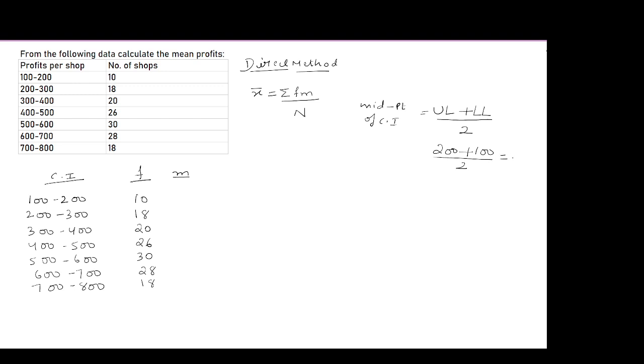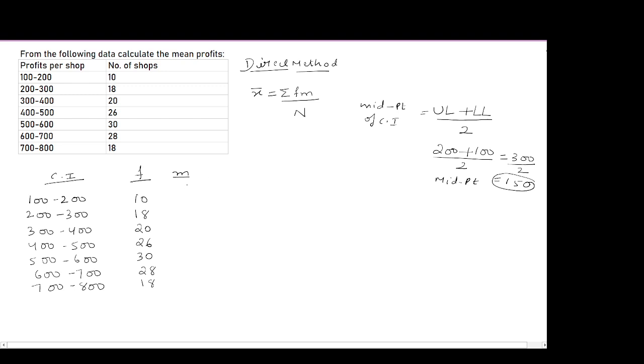So that is 300 divided by 2 is 150. So this is our midpoint of class interval. So this is how the midpoint of class interval should be calculated. Hope you are clear. Upper limit of the class interval plus lower limit of the class interval divided by 2 gives you the midpoint of class interval.